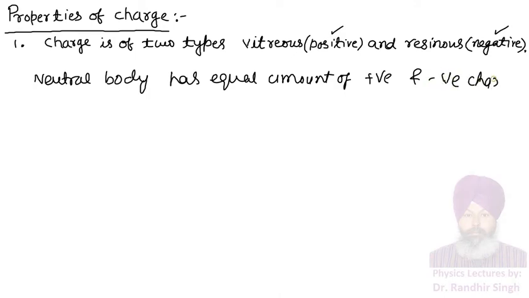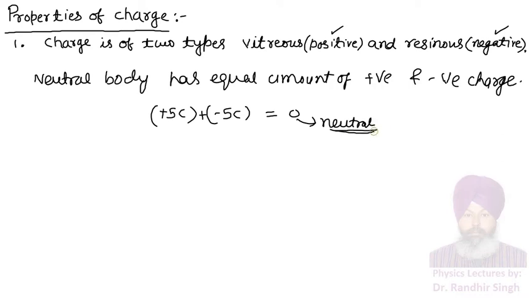We know that the unit of the charge is coulomb. So if I have a body in which there are two particles, one of them has charge 5 coulomb, other has charge minus 5 coulomb, then the net charge on the body will be 0. So this body will be neutral, but neutral does not mean that it has no charge. Neutral actually indicates that it has equal amount of positive and negative charge embedded in it.